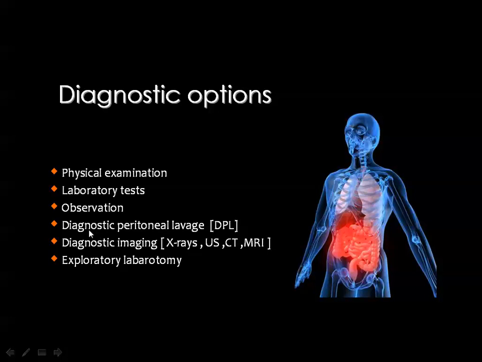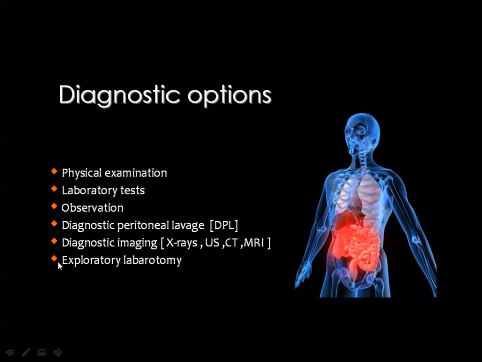And this is an old technique which is known as diagnostic peritoneal lavage, commonly used in the surgical department. And of course, imaging has a great role in the recent evaluation of cases with abdominal trauma, especially the ultrasound and the CT scan.